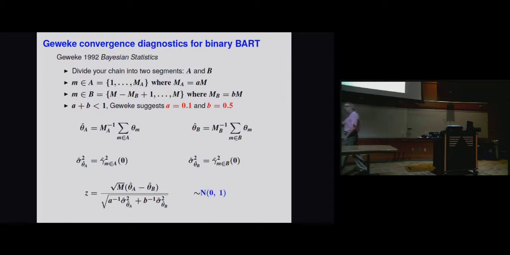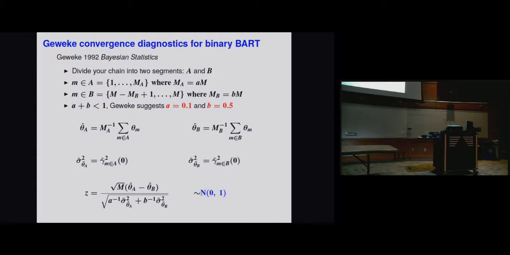So Geweke came along, and he said, okay, now this is how you're going to do it. You divide your chain into 2 segments, A and B. The A segment starts at the beginning, and the B segment is towards the end, okay? So there are these two fractions, A and B, and they have to add to less than 1, and Geweke suggests A is 0.1 and B is 0.5.